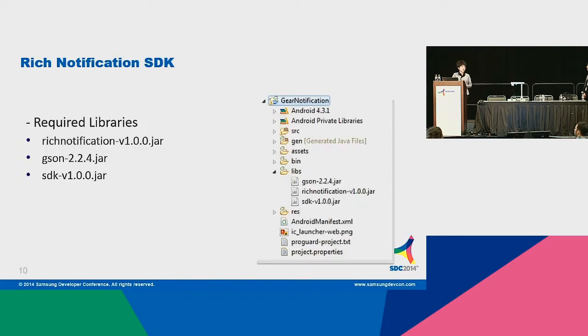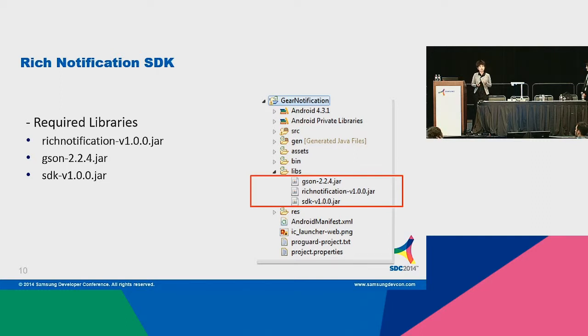So when you develop by using Rich Notification SDK, there are 3 jar files you need to include in your project. Rich Notification jar file, which is the jar file that includes all your Rich Notification APIs. JSON jar file, help you convert your Java object to JSON.